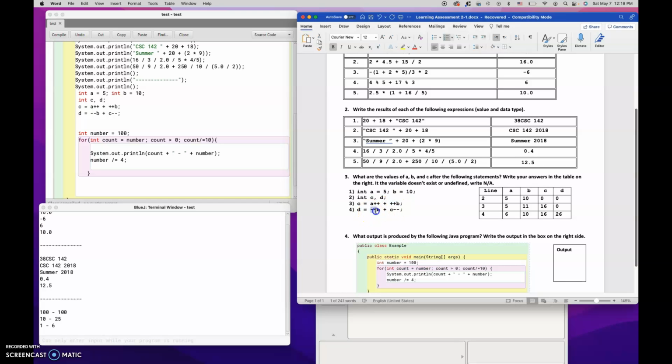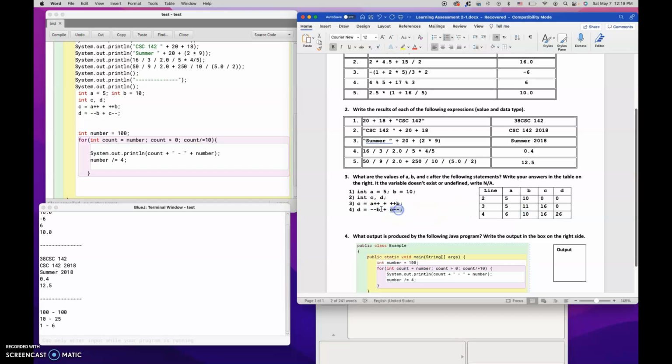And now we see minus minus B, and since the minus minus is before the variable and B is equal 11, it will apply right away in the same line, which is 10. 11 minus 1 equals 10.